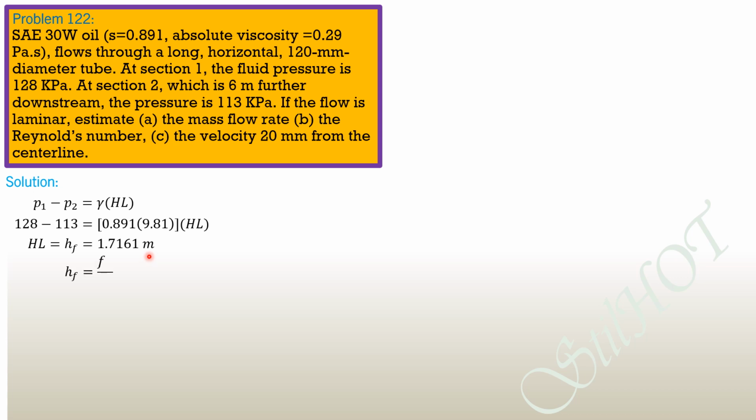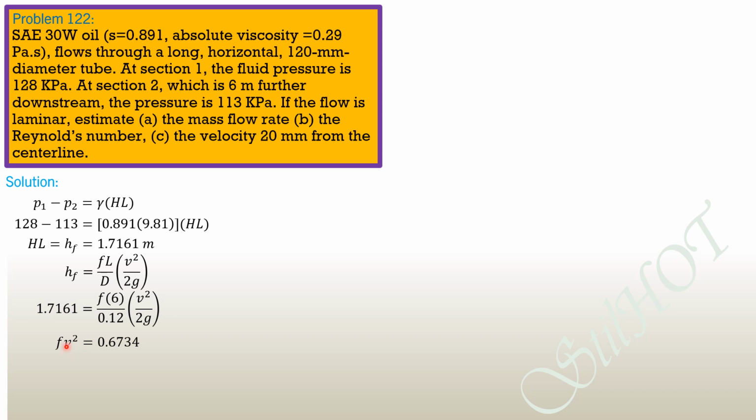Then we equate this to head loss by the Darcy-Weisbach formula, F L over D times velocity head. So 1.7161 equals F times length 6 meters over diameter 0.12 times velocity head V square over 2g. Then we can set up F V square, where F is 64 over Reynolds number for laminar flow. So F V square is 0.6734.